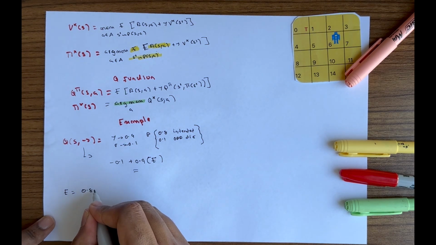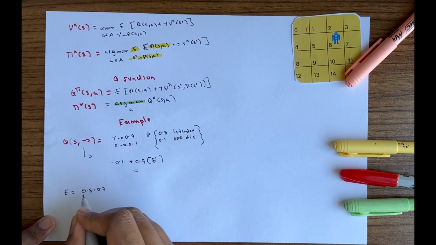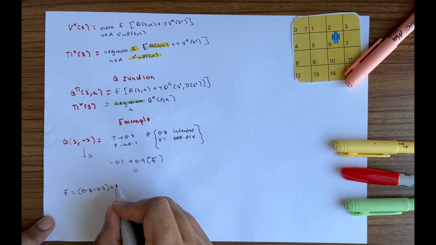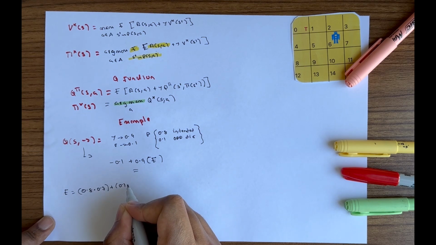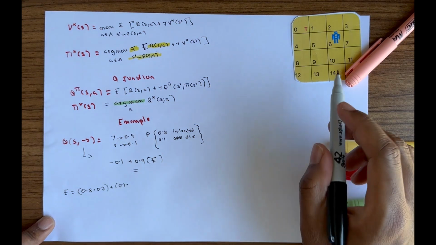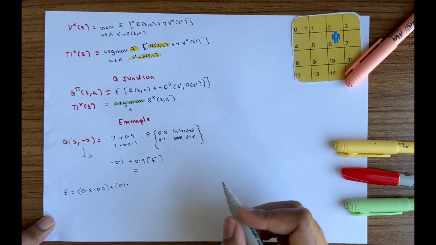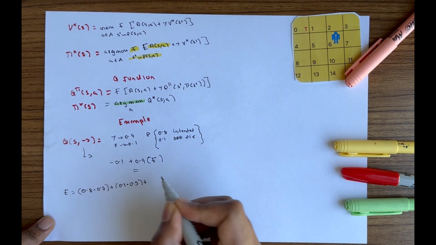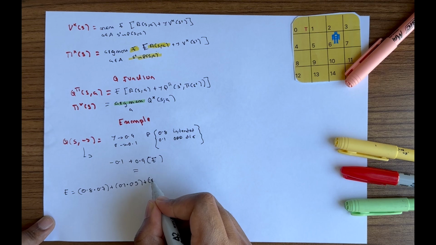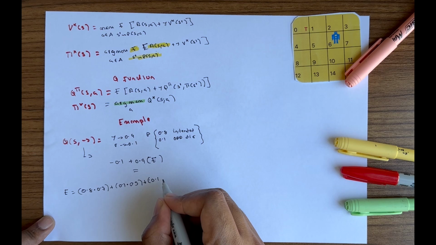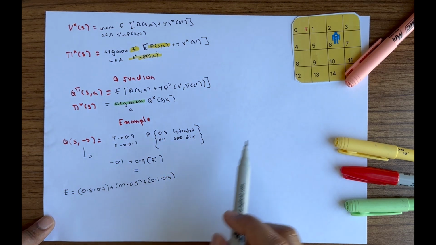Let's say it is 0.7. For the opposite directions, for state 1, the probability is 0.1 times, you ask in state 1, what is the current best Q value? Let's say it is 0.5. Then state 9, probability 0.1, you ask in state 9, what is the current best Q value? Let's say 0.4. By the way, I'm just making up these numbers.